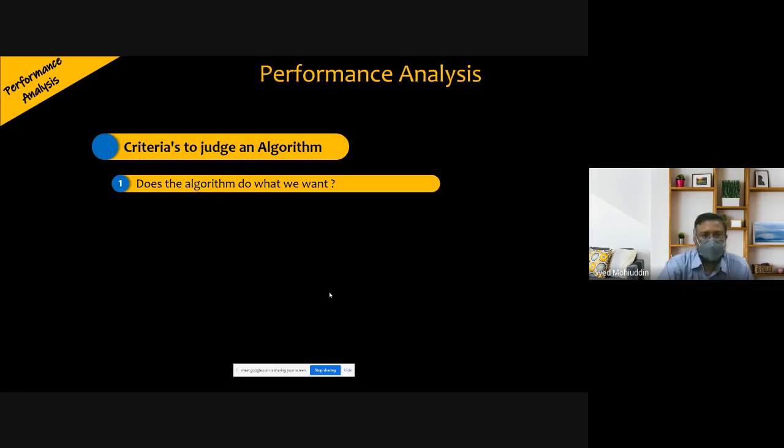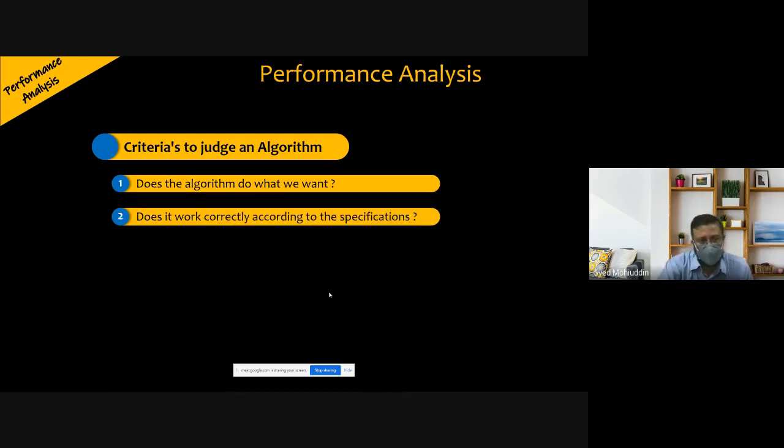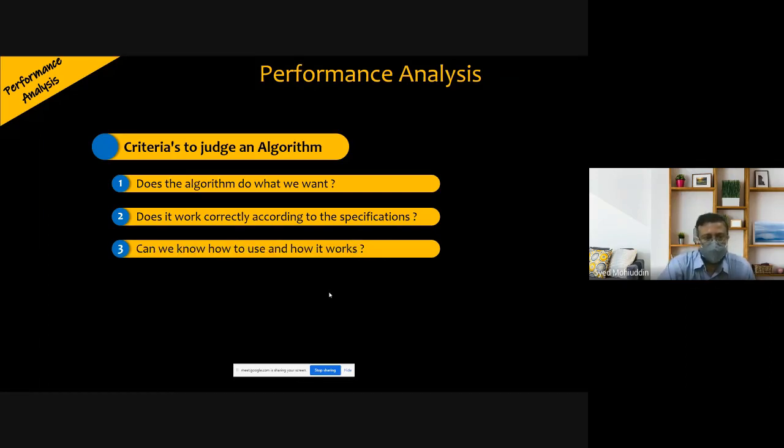When we are saying tower of n, it should compute tower of n. It's not that tower of n is computing factorial. Then, does it work correctly? For example, factorial of n: if n is 5, the answer should be 120, not 24. So it should work correctly for all cases of inputs.